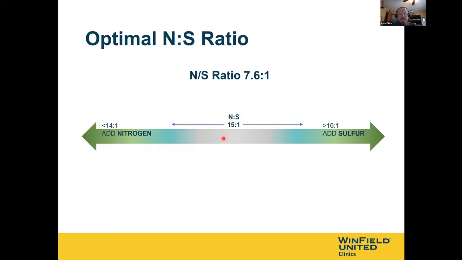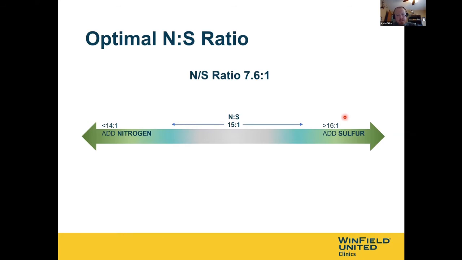Essentially 15:1 is considered your ideal nitrogen to sulfur ratio, where you have 15 parts nitrogen to 1 part sulfur. So if you start to get out of that range and say you're getting 16:1 or 20 or 30:1, which happens sometimes, then this is where the addition of sulfur would really help.